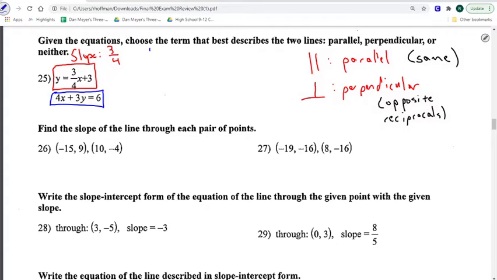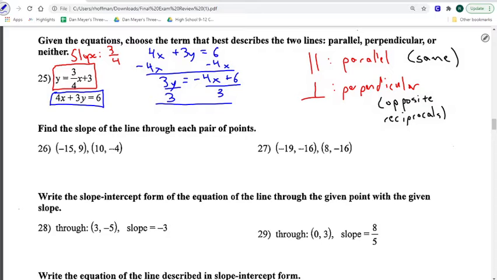So I actually need to set this up and solve it for y. I want to get everything except for y on the other side. So I'm going to subtract the 4x so that it cancels out on that side and moves to the other side. So I just have a 3y now. So get rid of our multiplying by dividing by 3. We're going to divide by 3 on both sides.